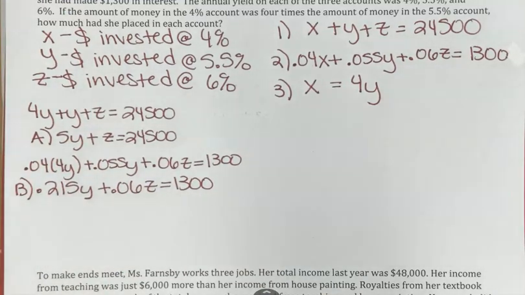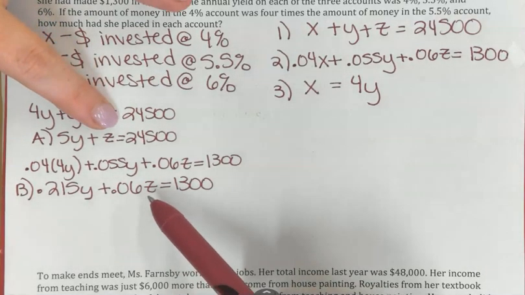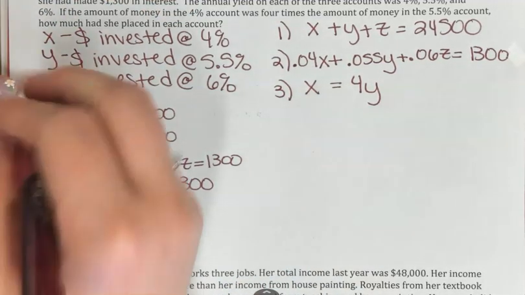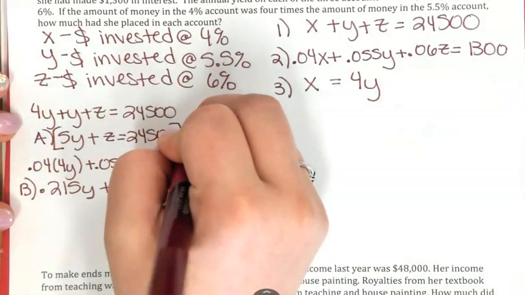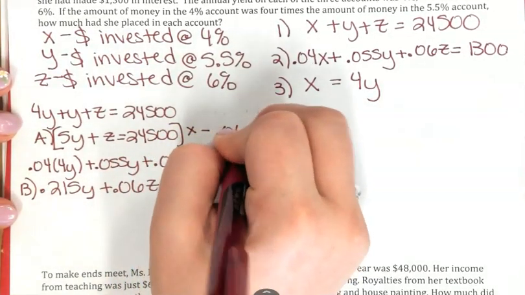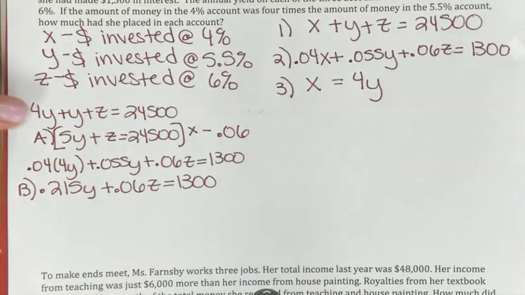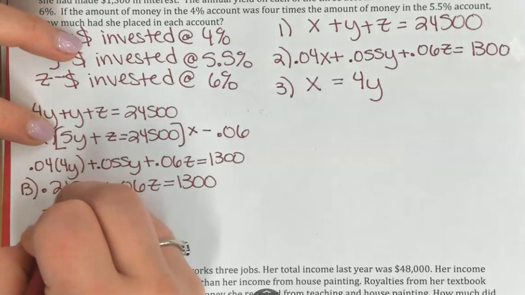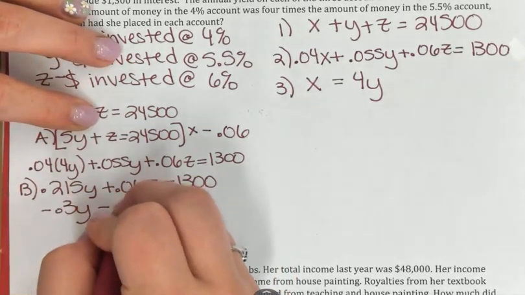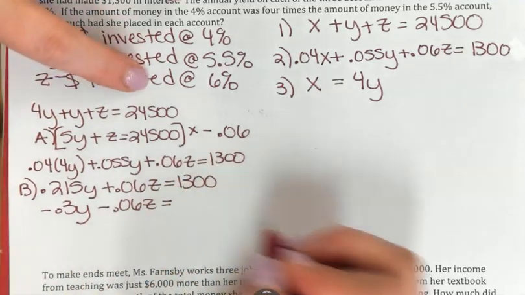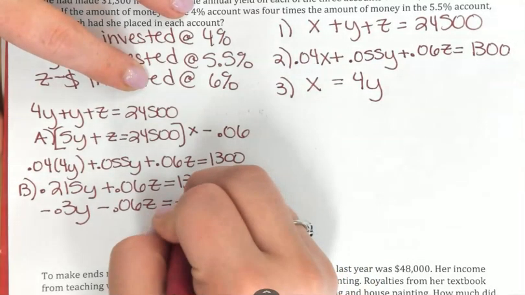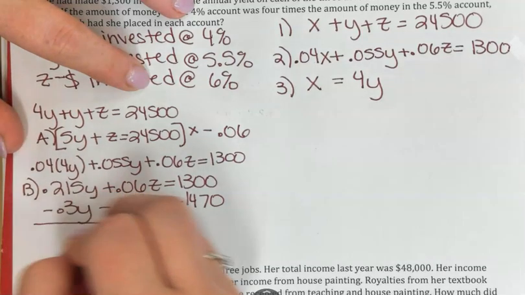Now I need to figure out substitution or elimination in order to solve. What I'm going to do is look at my z's, and I'm going to cancel my z's, eliminate z. If I multiply equation A by negative 0.06, then my z's will cancel. Well, 5 times negative 0.06 is going to be negative 0.3y minus 0.06z equals 24,500 times negative 0.06 is going to be negative 1,470.